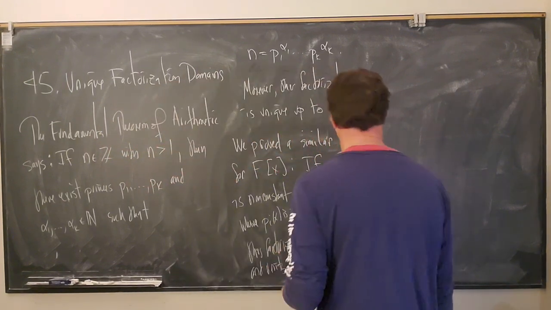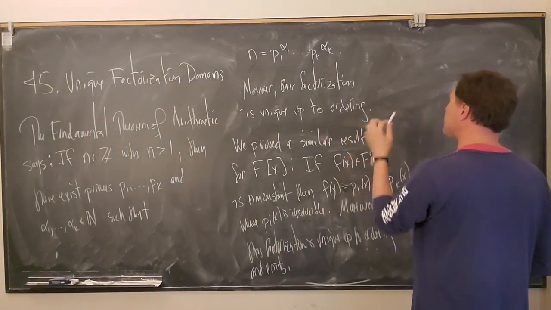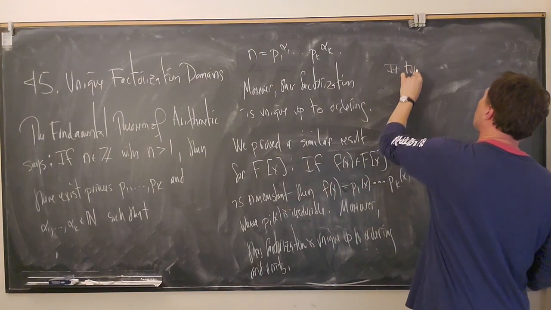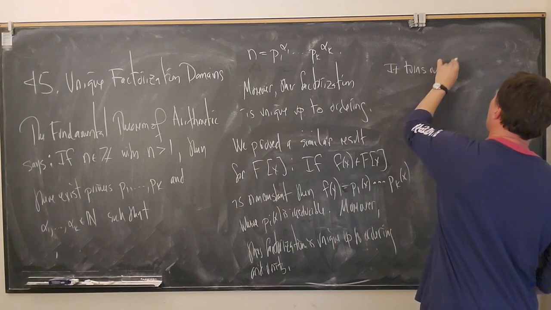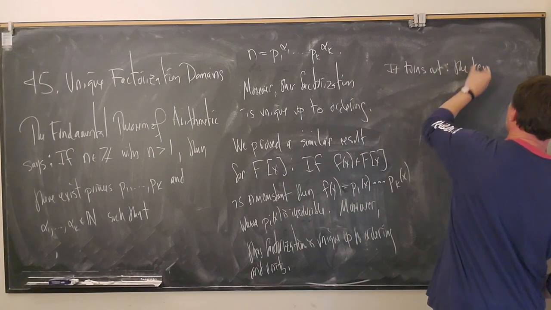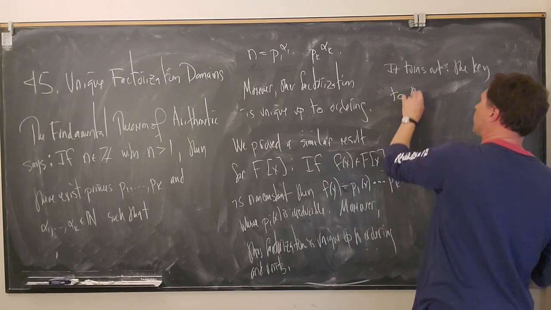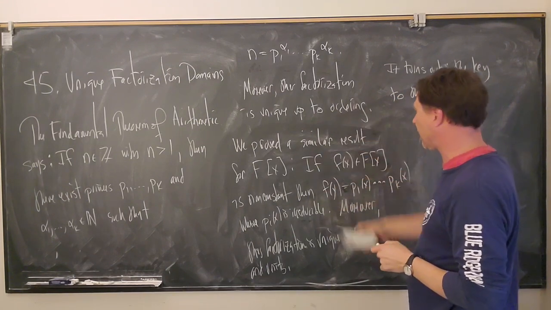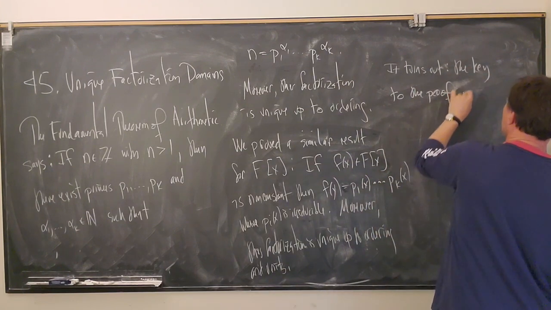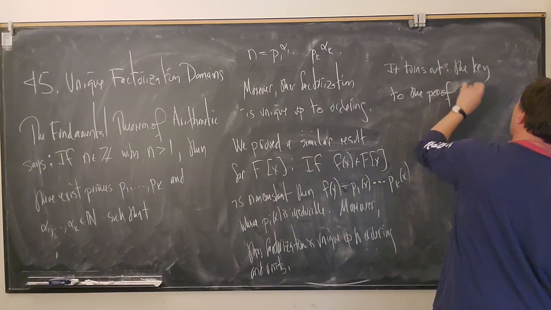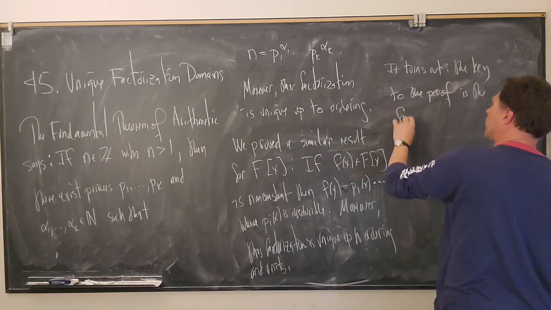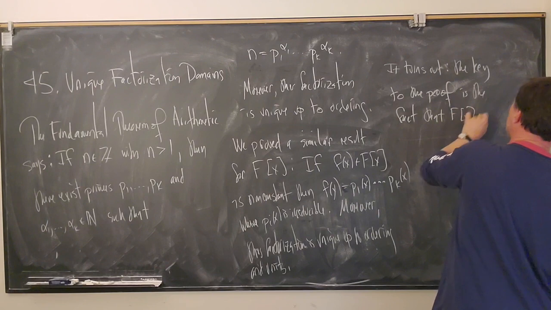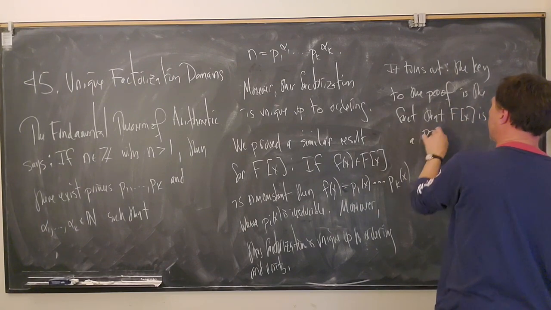So a couple of things to point out here. Now, this first thing is not obvious. So it turns out the key to the proof of this theorem right here, the one that we proved last time, is the fact that F[x] is a principal ideal domain.